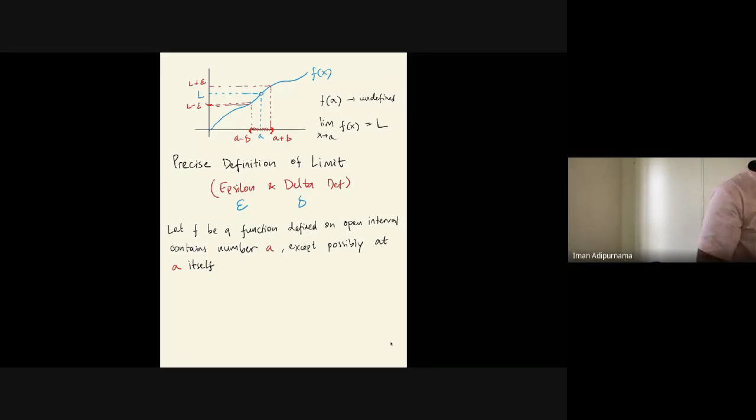So we say the limit of f of x as x approaches A is L, or if you want to write it in math notation, it is this. So this is the definition.